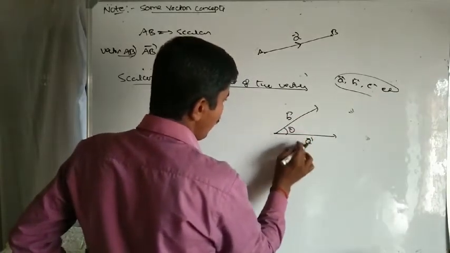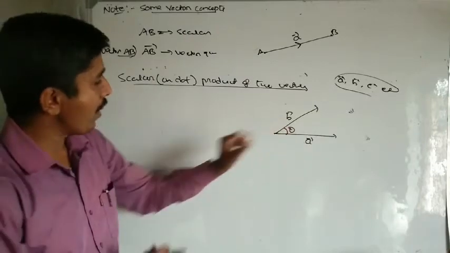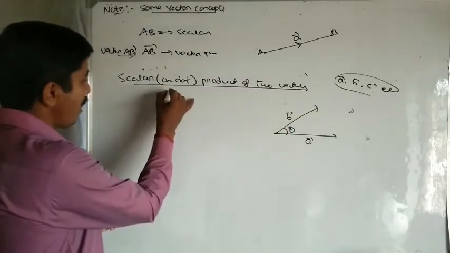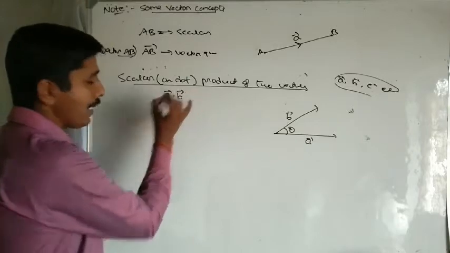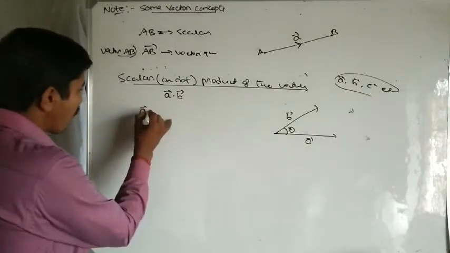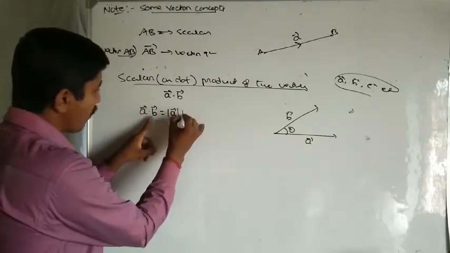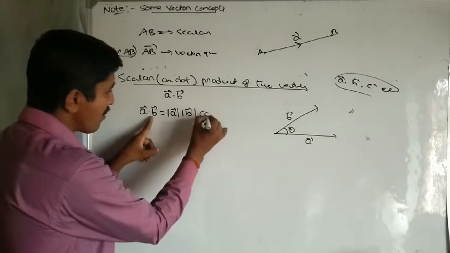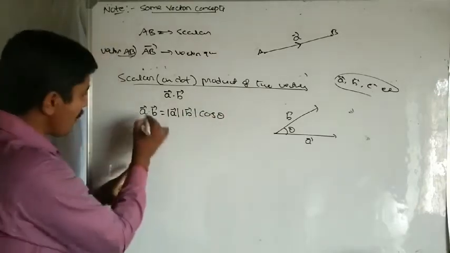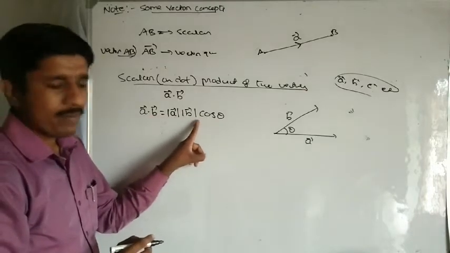Theta is the angle between vector A and vector B. The dot product of vector A and vector B is denoted by vector A dot vector B, and it is defined as vector A dot vector B equal to magnitude of vector A into magnitude of vector B into cos theta.